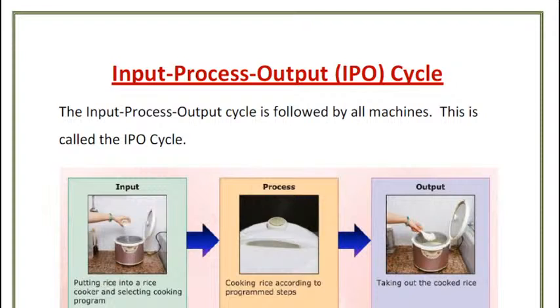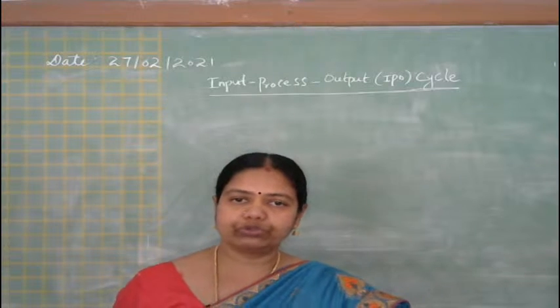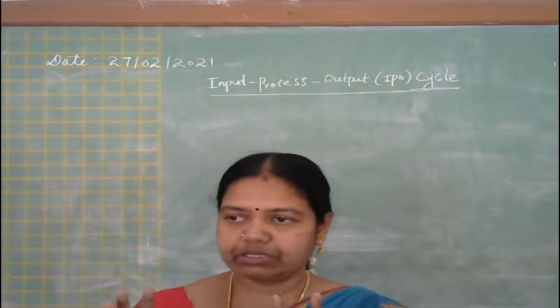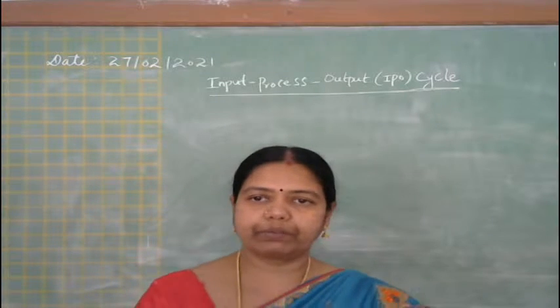So for any machine, we give some input. The machine will accept the input, then process it, and after processing, it will produce the output. This is the simple function of a machine. Here the machine is the cooker we have taken as an example.